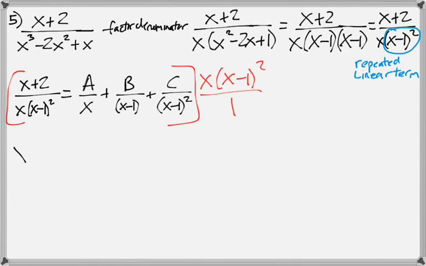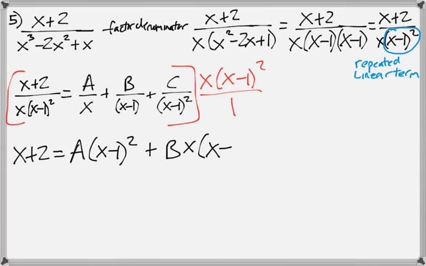So that's going to leave me with x plus 2 is equal to a times x minus 1 squared, because my x's go away, plus b times, I'm going to have an x and an x minus 1 because this x minus 1 only cancels out with one of those x minus 1s, plus cx because x minus 1 squared cancels out with x minus 1 squared. So I want to do some simplifying.